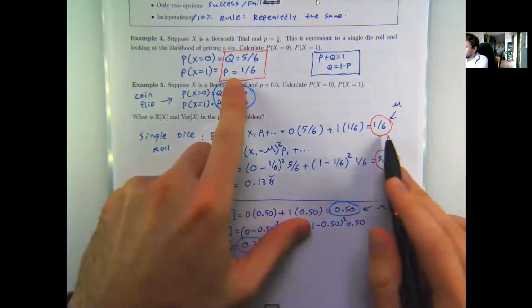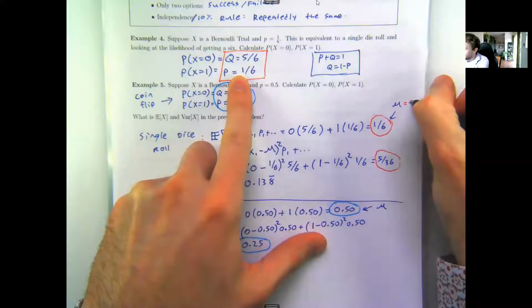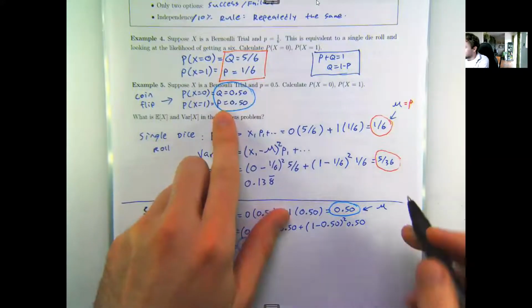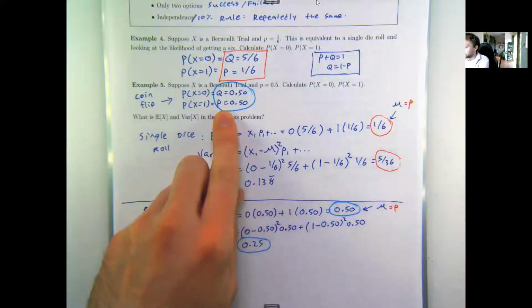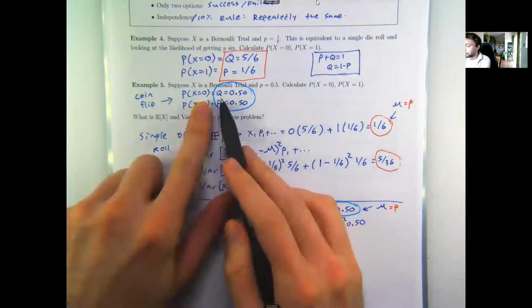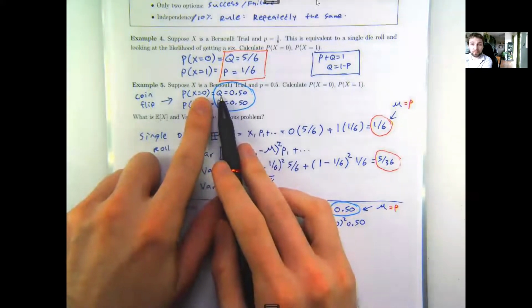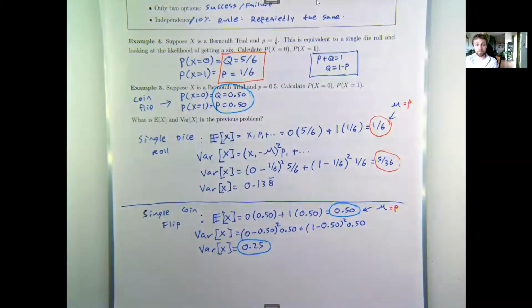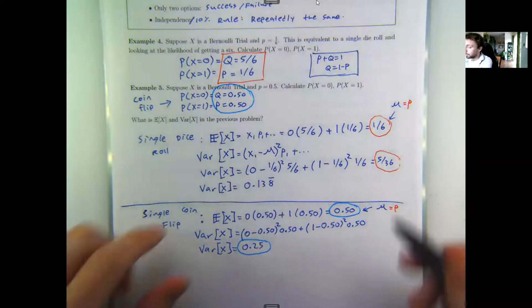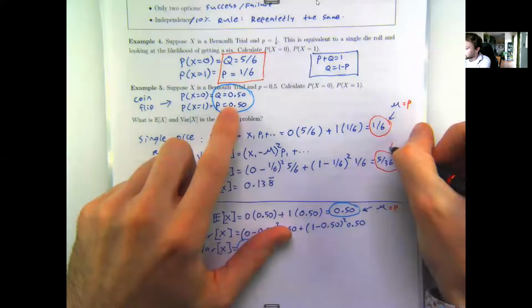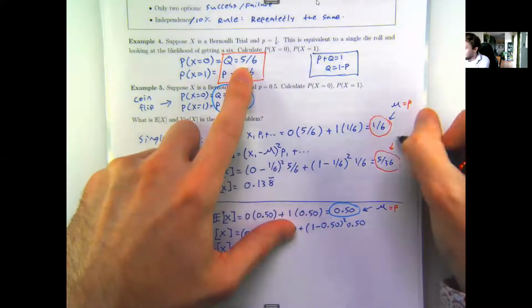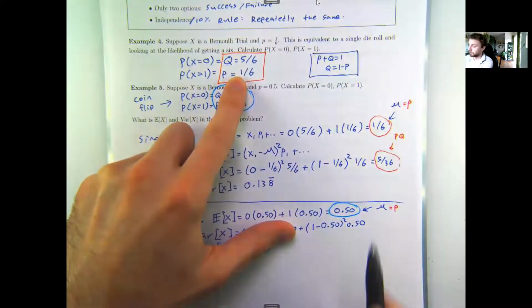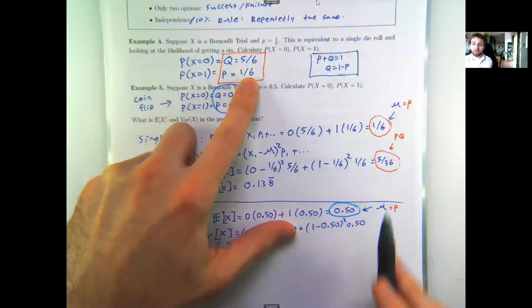This value 1/6 is coming to you from the value P. I can match that up here as well. Mu there ends up being that probability P. 0 times Q is going to cancel out the Q. 1 times the P is going to leave you with the letter P. If you do a little bit of algebra, you can also see that your variance ends up being a combination of P times Q. 5 times 1 gives you 5. 6 times 6 gives you 36.